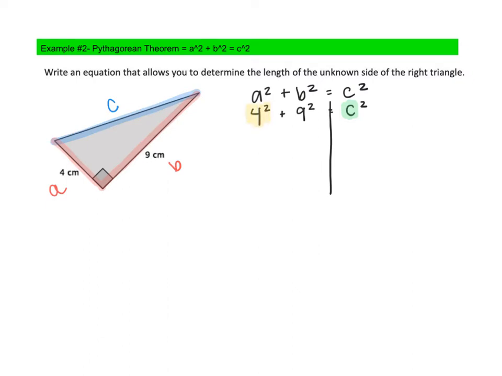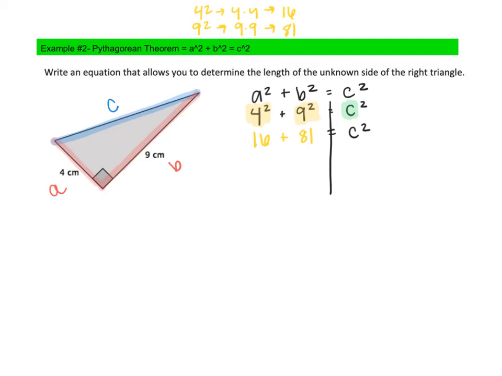to do my exponents on this side and combine these like terms. So 4 squared is the same as saying 4 times 4, which is 16. So this becomes 16 plus 9 squared. It's the same as saying 9 times 9, which is 81. And that equals c squared.